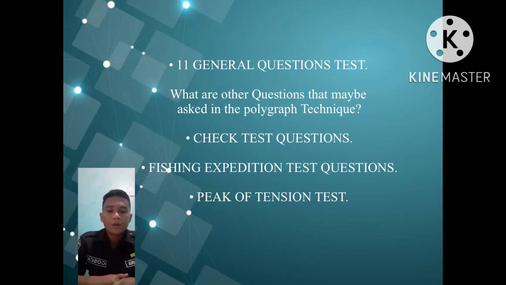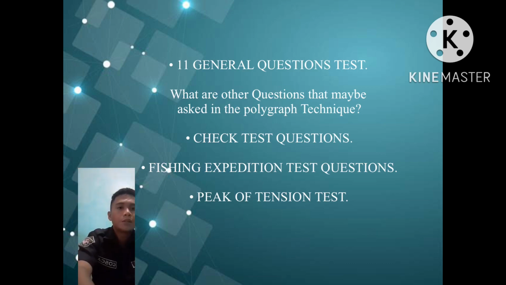Number 10. Have you ever been involved in any robbery in your entire life? Secondary control relevant. Number 11. Have you deliberately lied to any question I have asked you? Relevant check question, optional.